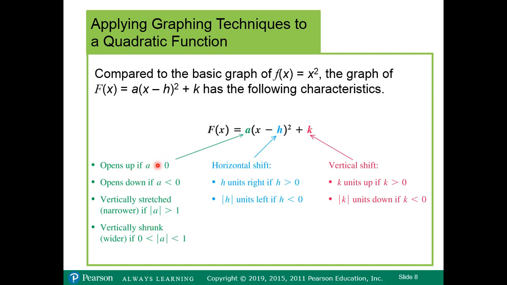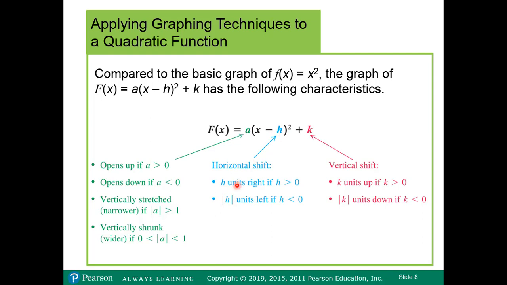If a is positive, it opens upward. If it's negative, it opens downward. If the absolute value of a is greater than 1, it's a vertical stretch, so it becomes narrower. If it's vertically shrunk or compressed, it becomes wider, so if a is between 0 and 1.